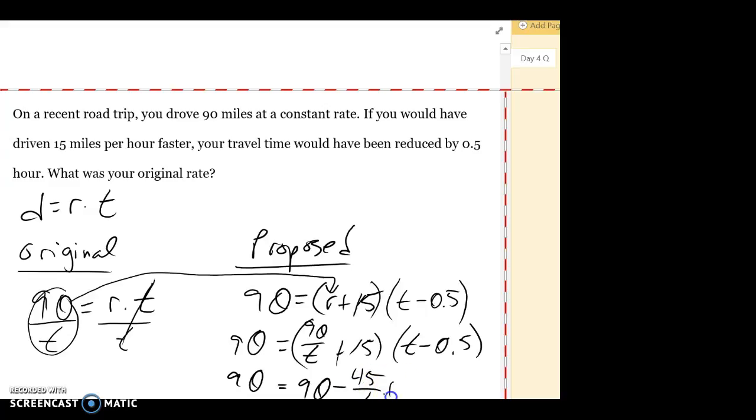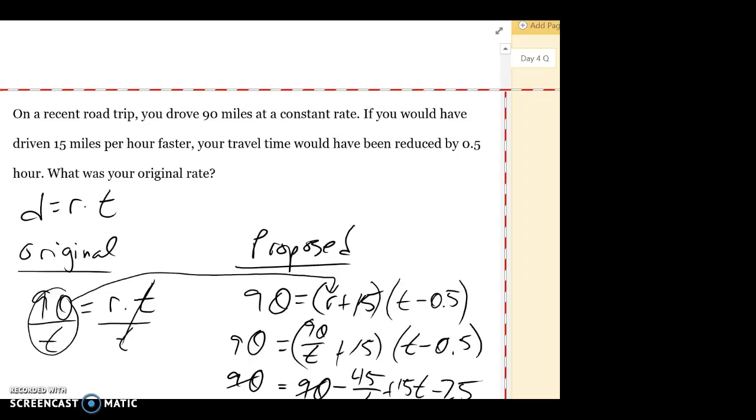And then I get 15t, and then the last one I'm going to get minus 7.5. So that's half of 15, negative times that 15. So in this case, what's nice, the 90s just cancel out. Now I'm going to be left with 0 equals negative 45 over t plus 15t minus 7.5.